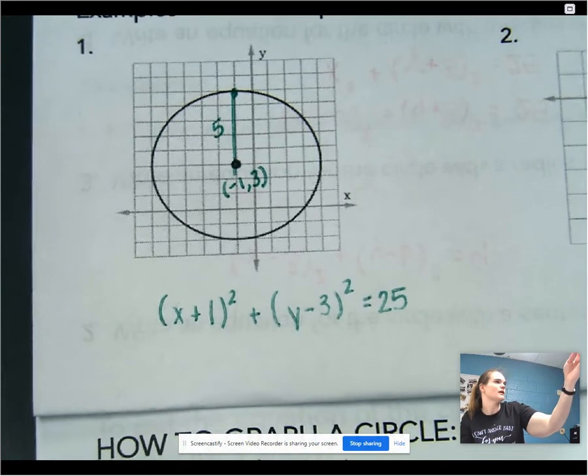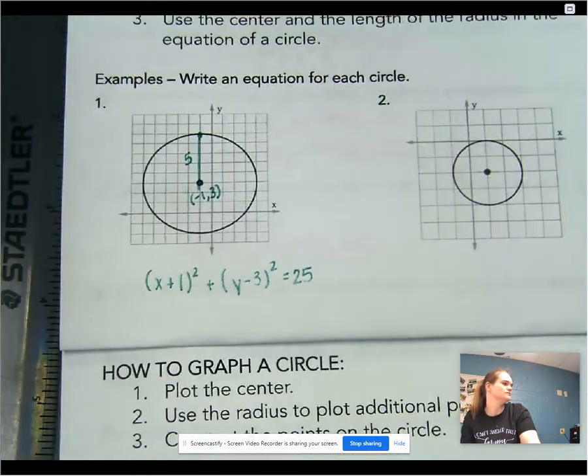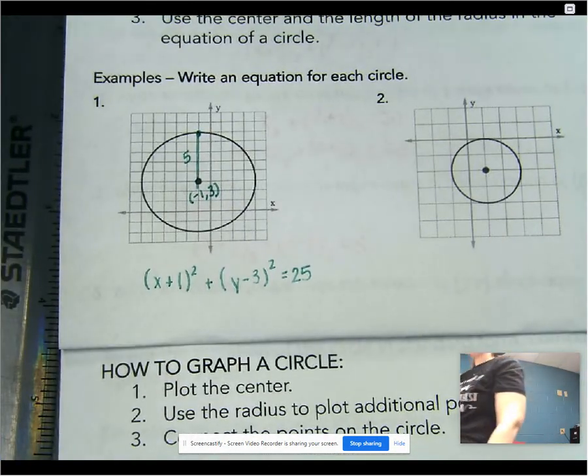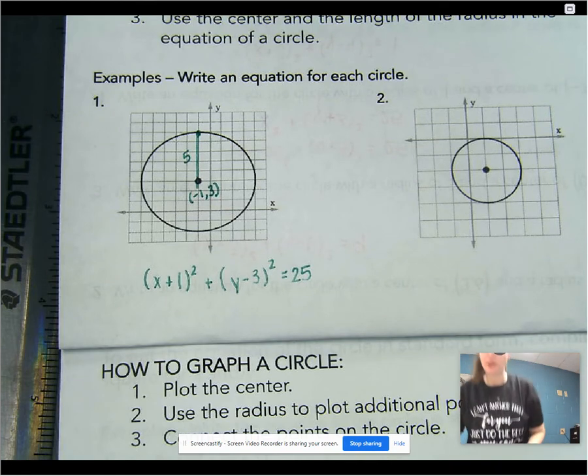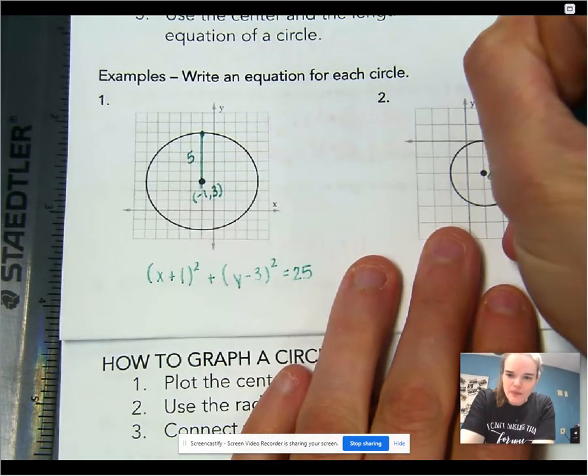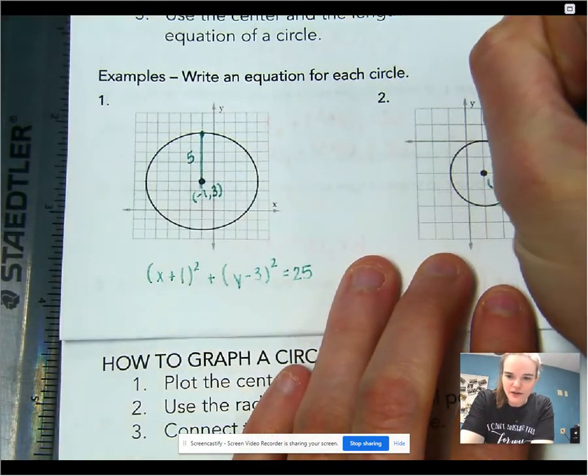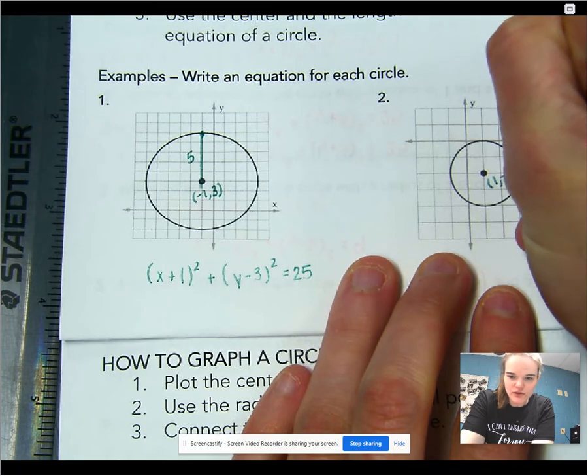Okay. Now I want you guys to try number 2. You try number 2 real quick. Pause the video. Try number 2. All right, number 2. The center is at 1, negative 2.